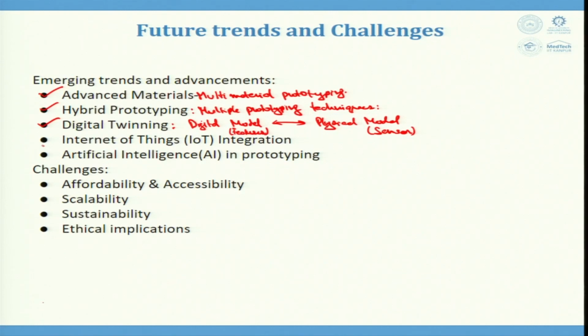The Internet of Things integration. When I say Internet of Things, I am talking about these sensors being connected to the prototype to have real time monitoring and data collection. Also, we can connect certain prototypes.